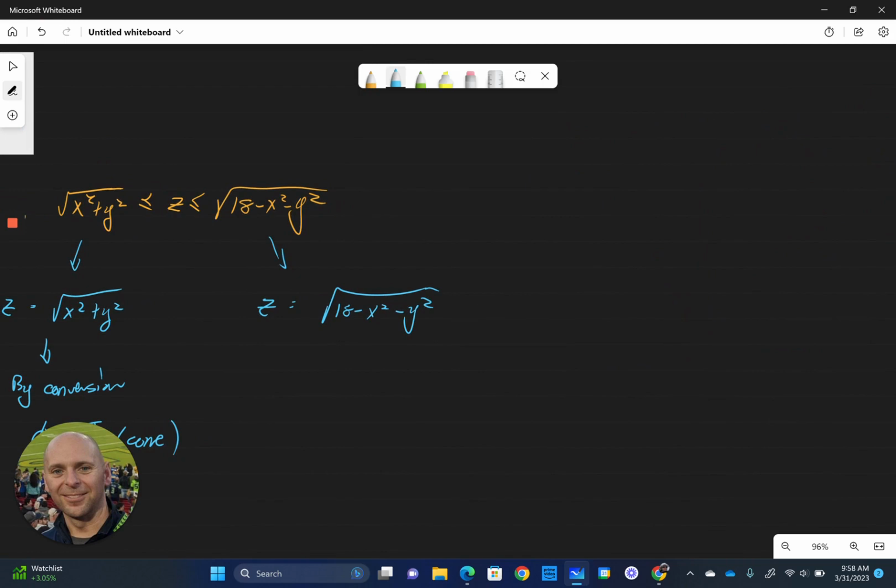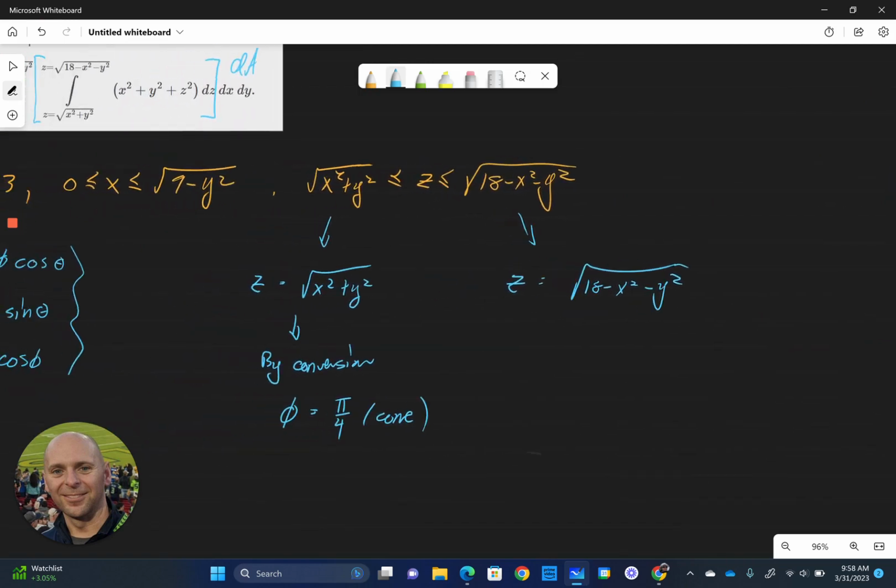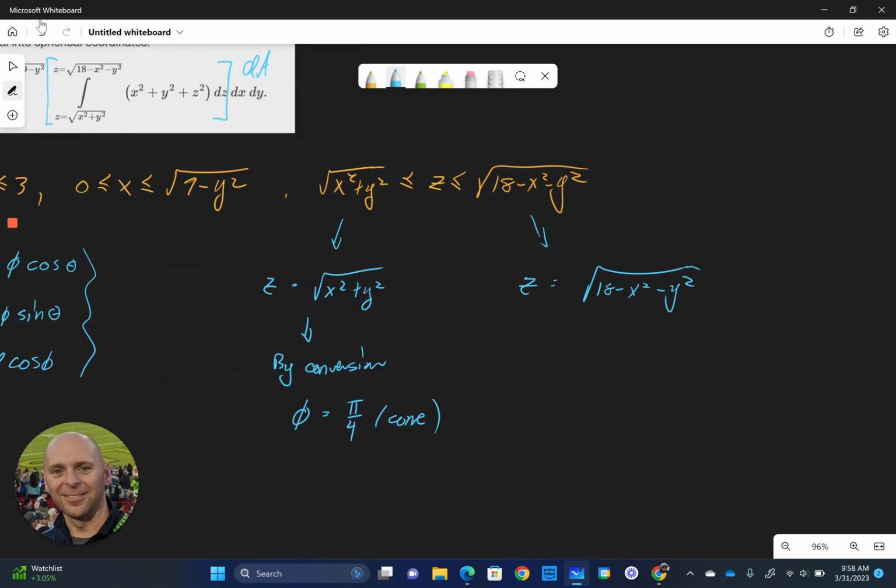If we go through the conversion process on the other one, then what we would get here, and this is maybe a little easier to see, is z squared equals 18 minus x squared minus y squared, which means that x squared plus y squared plus z squared equals 18.